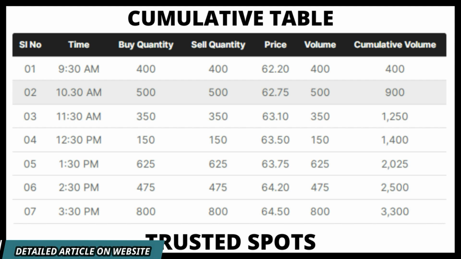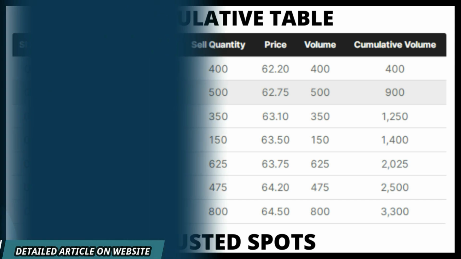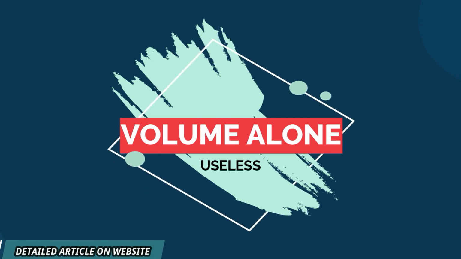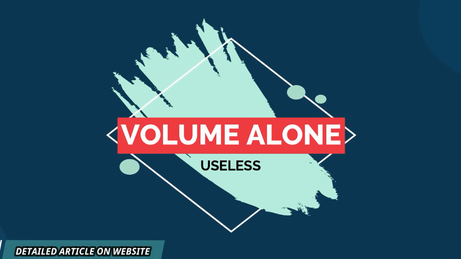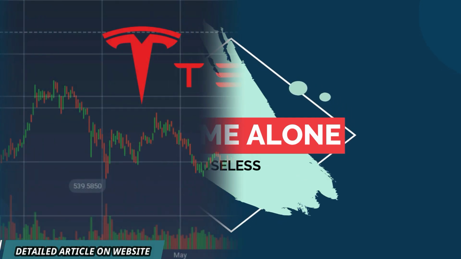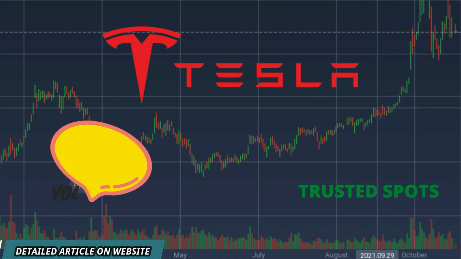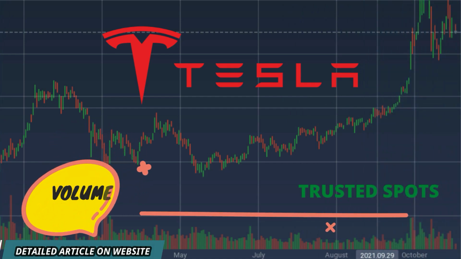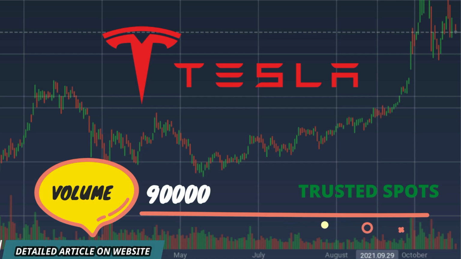Now, let's move on to the volume trend table. Volume information on its own is quite useless. For example, let's assume that the cumulative stock volume for Tesla is 90,000 shares, which means on a single trading day, 90,000 shares of Tesla were traded. So, how useful is this information to us when we read it in isolation?